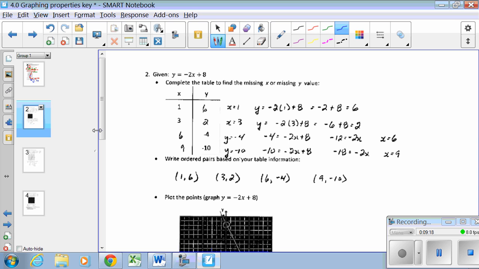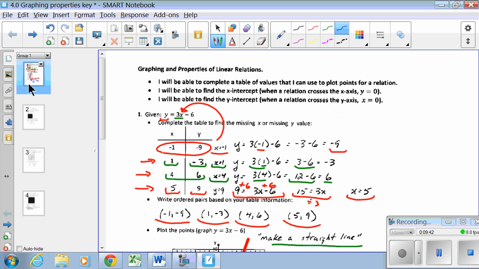We're going to press pause here for a few minutes, and you're going to work through this page on your own, because I know how to do this. You guys have to be able to do this. Show how you put the x into the expression and solve for the y. Show how you put y into the expression and solve for x. And then show that those are ordered pairs that you can plot.